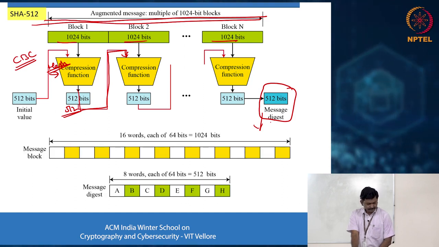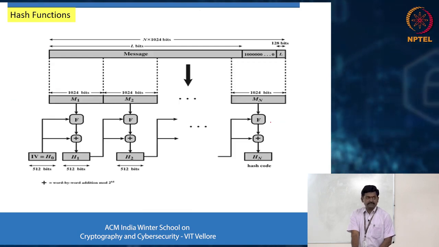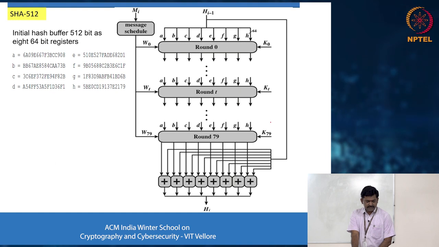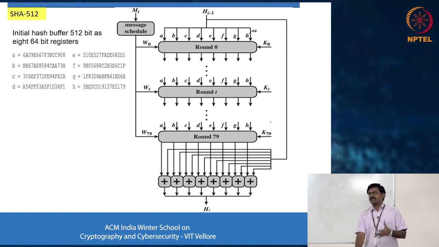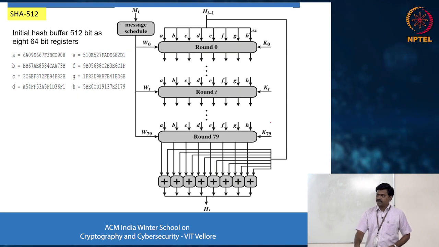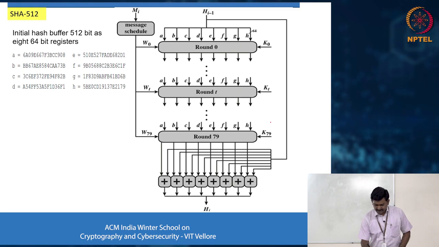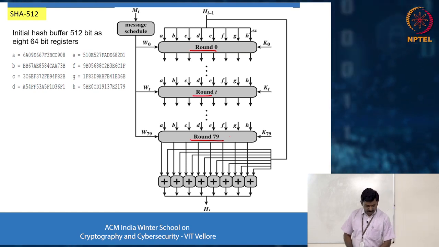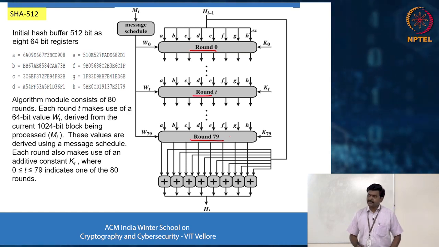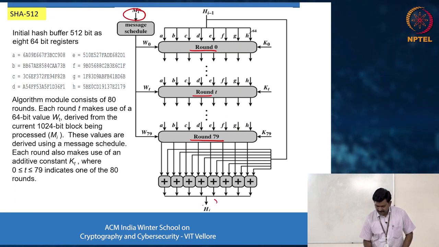Okay. I am not going to deal with the SHA-512 hash function per se. It is illustrated in the book. So please go back and check how the SHA-512 algorithm actually works. You can see multiple rounds, 80 rounds: round 0 to round 79, that means 80 rounds of operation. And obviously the message digest is created at the end.